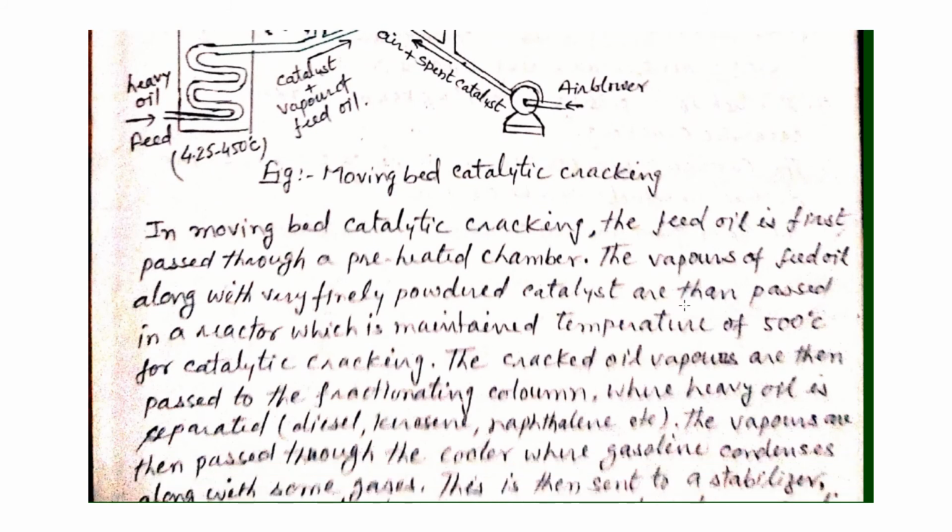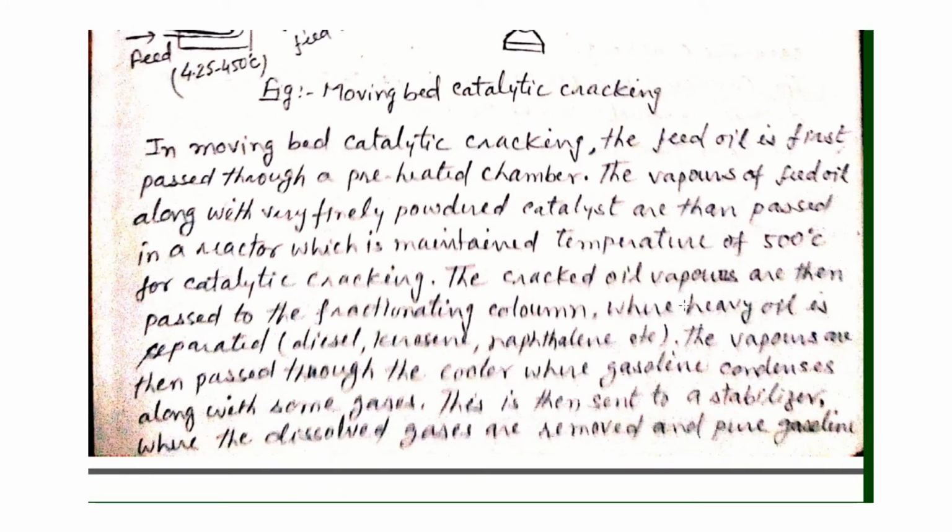In moving bed catalytic cracking, the feed oil is first passed through a preheating chamber. The vapor of the feed oil along with very finely powdered catalyst is then passed into a reactor which is maintained at a temperature of 500 degrees centigrade for catalytic cracking.